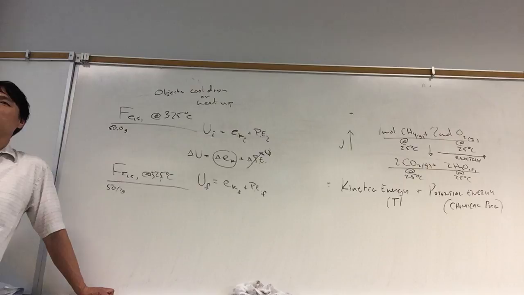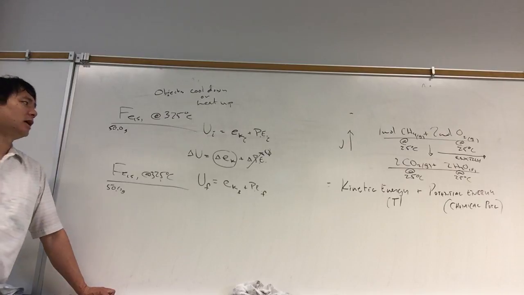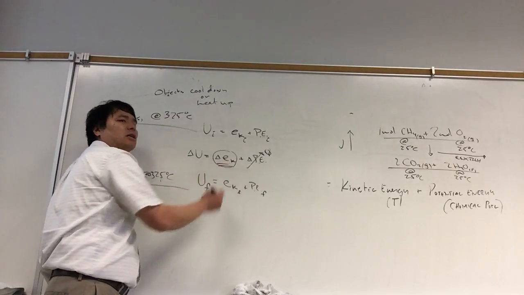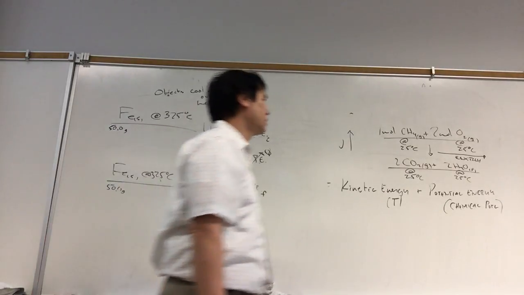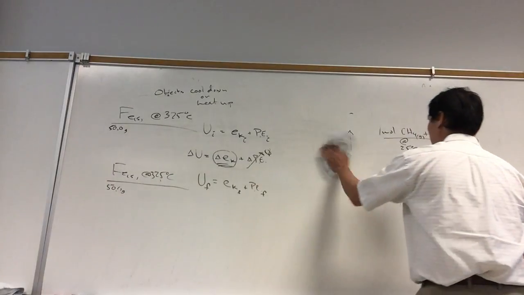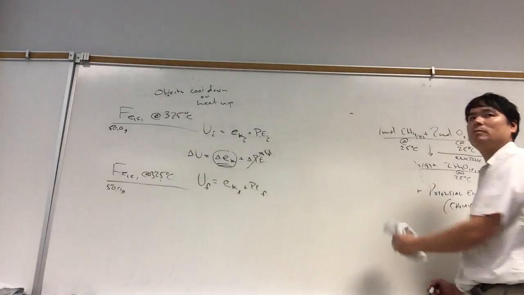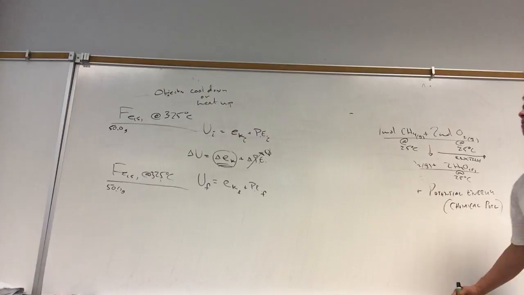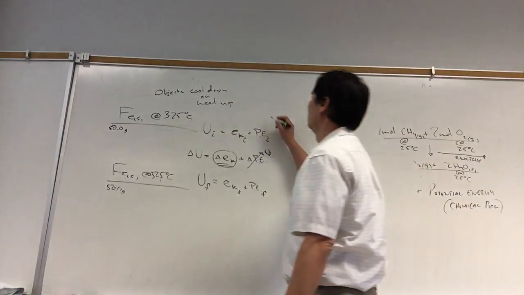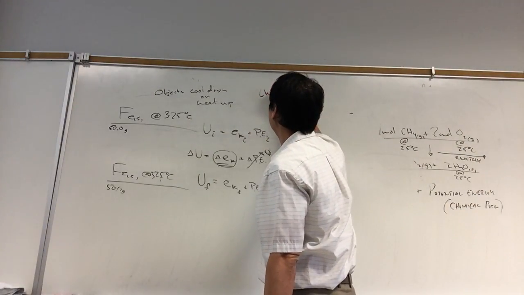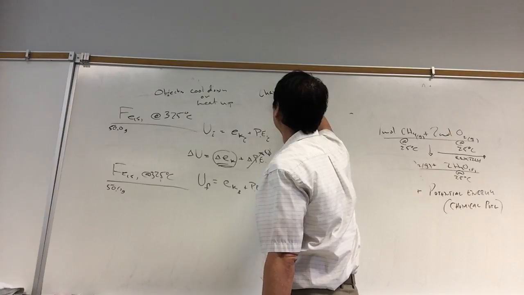They stay the same object. You have a chunk of iron, it stays a chunk of iron, right? And so we're just looking at this exchange or change in kinetic energy. Kinetic energy is temperature, right? And so there's some kind of change in temperature. And so for objects, there's going to be a change in T.